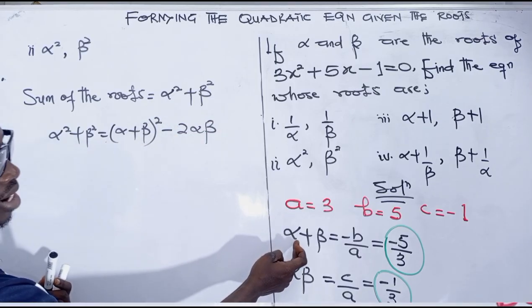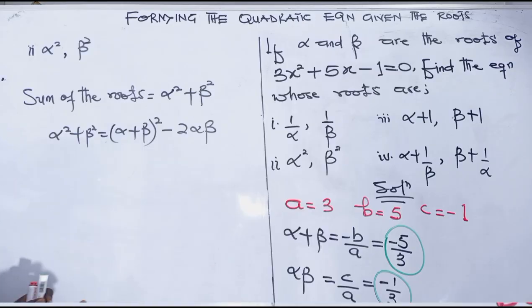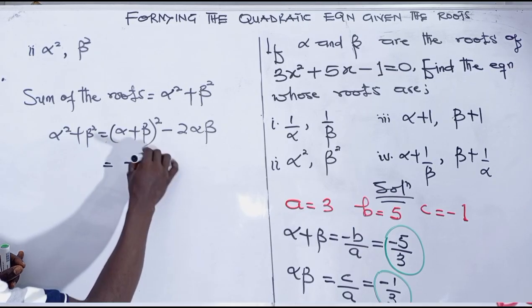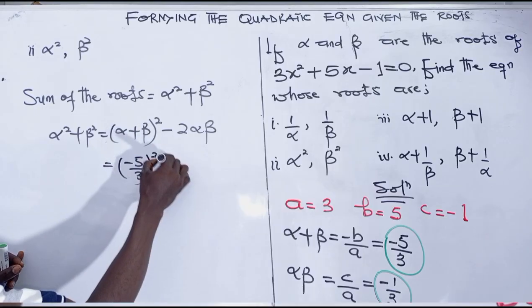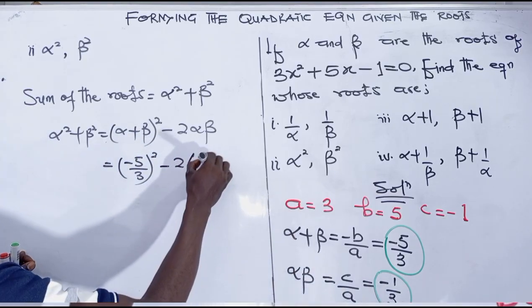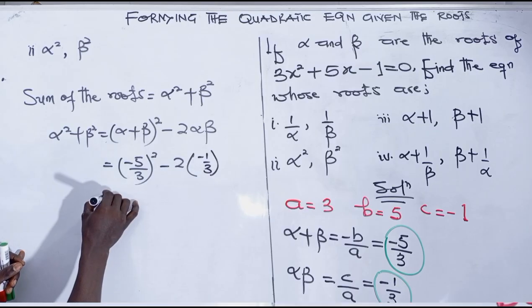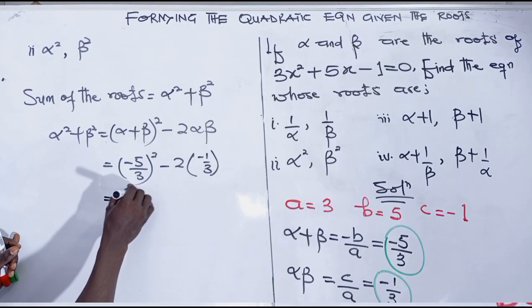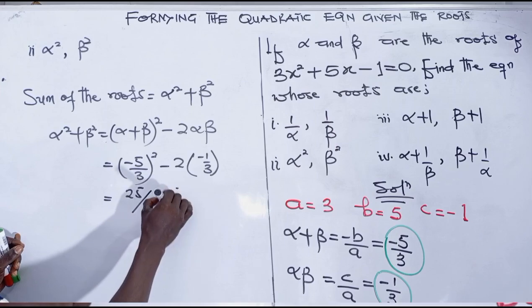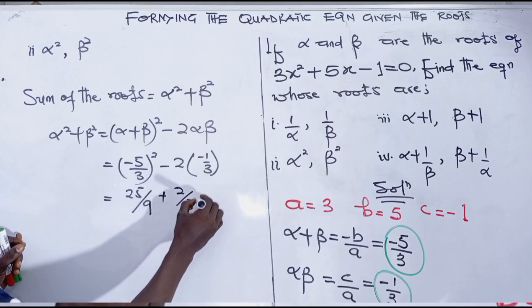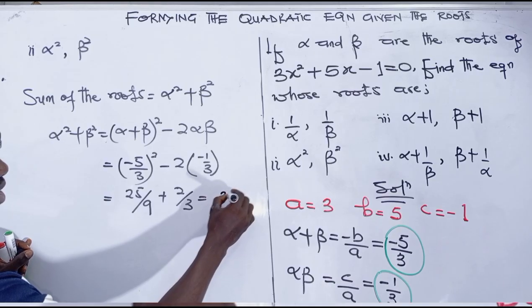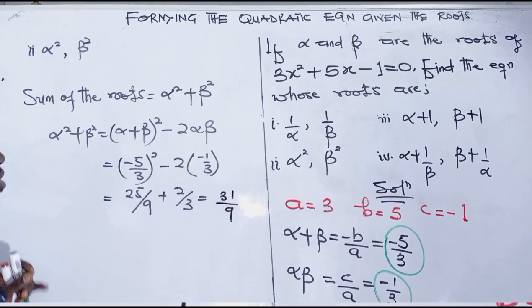So from here we have alpha plus beta is equal to minus 5 over 3, all squared. Then we have 2 alpha beta. So when you do the algebra, you are going to get 25 all over 9 plus 2 all over 3. Find the LCM and then simplify. We are going to get 31 all over 9.